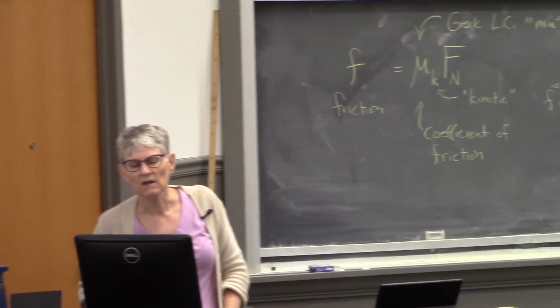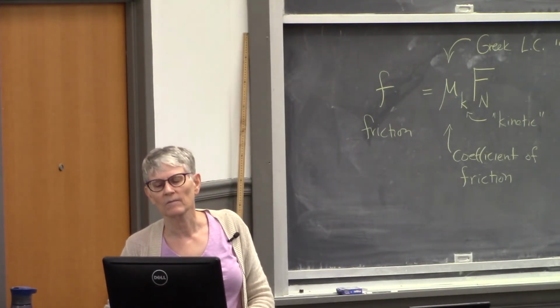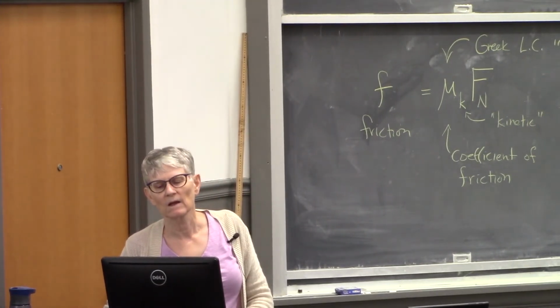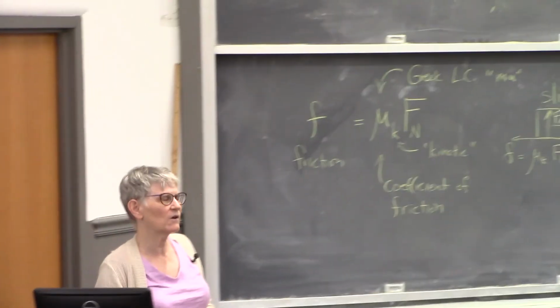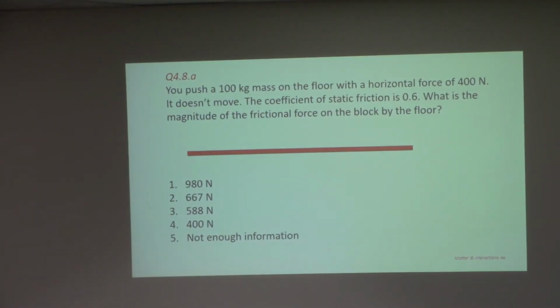So let's see. Okay, so we have a 100 kilogram block here. It's on the floor, and we're not pulling, we're pushing here, but we're exerting a force of 400 newtons. The coefficient of static friction is 0.6. So what's the magnitude of the frictional force on the block by the floor?